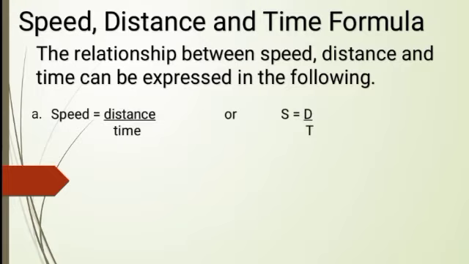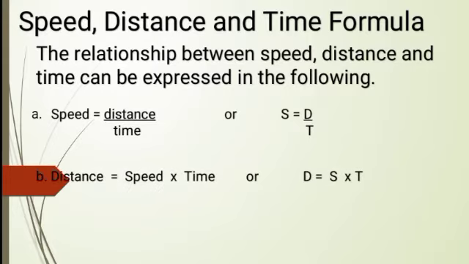Letter A. Speed is equal to distance over time, or S is equal to D over T. Letter B. Distance is equal to speed times time, or D is equal to S times T. And letter C, we have time is equal to distance over speed, or T is equal to D over S. So now that we have our formula, I hope that everybody would retain the formula in your mind to be able to calculate the speed, the distance, and the time.